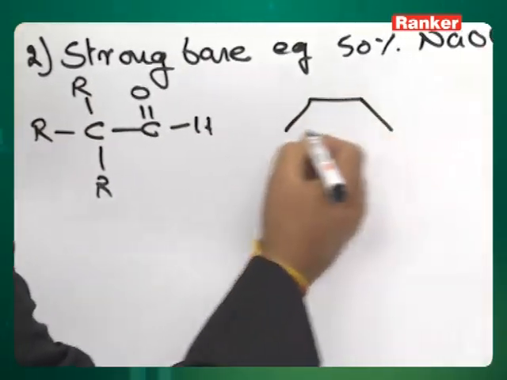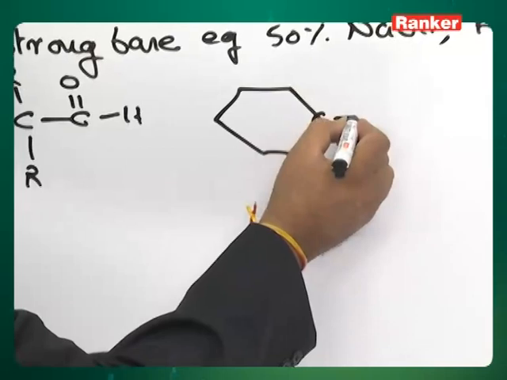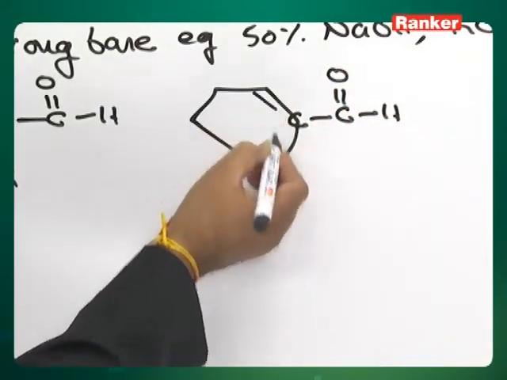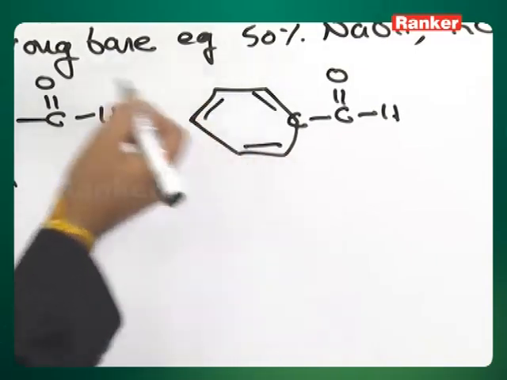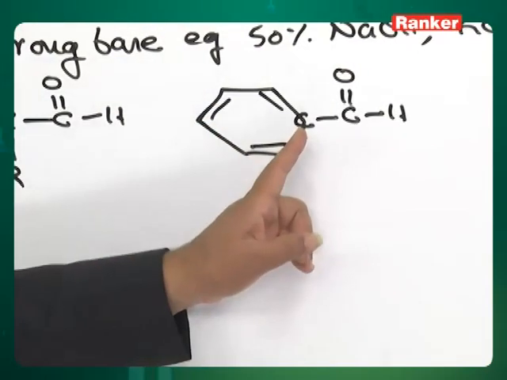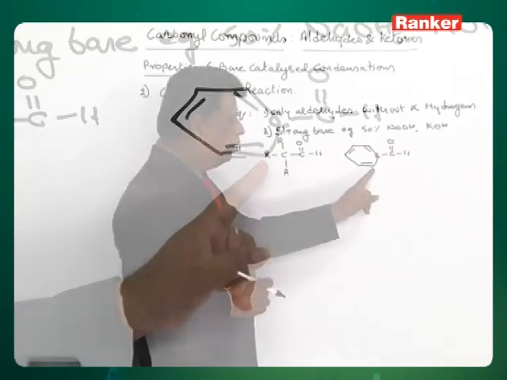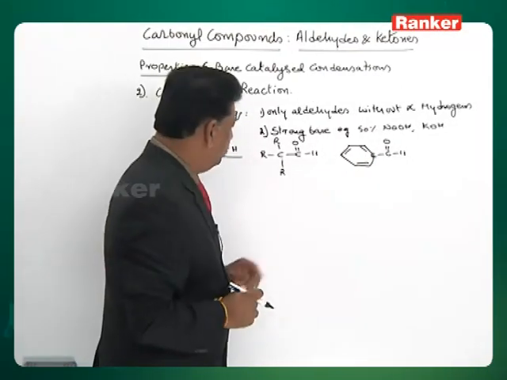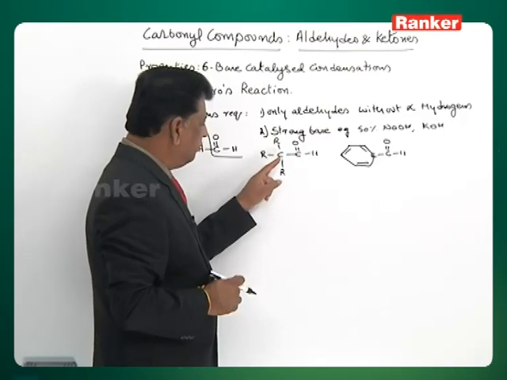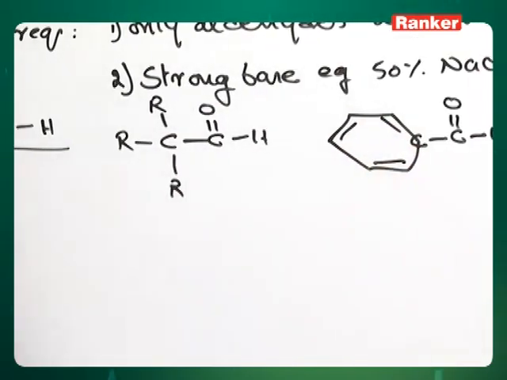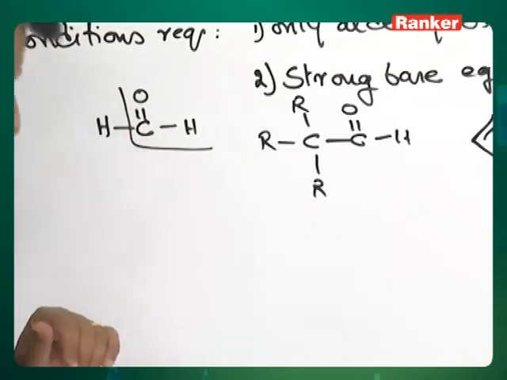Another one is where the alpha carbon is attached to a benzene ring, with one side a double bond and one side a single bond, so there is no hydrogen. So alpha carbon may be there, but no alpha hydrogen. In some cases alpha carbon is also not there.